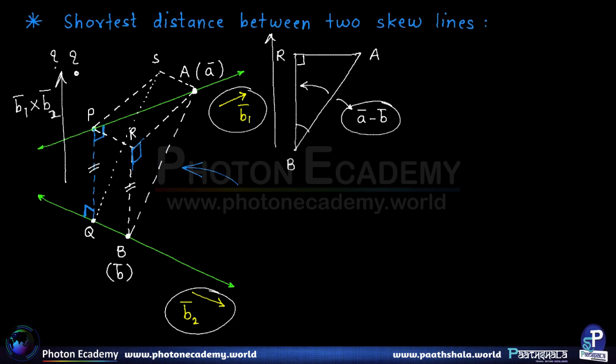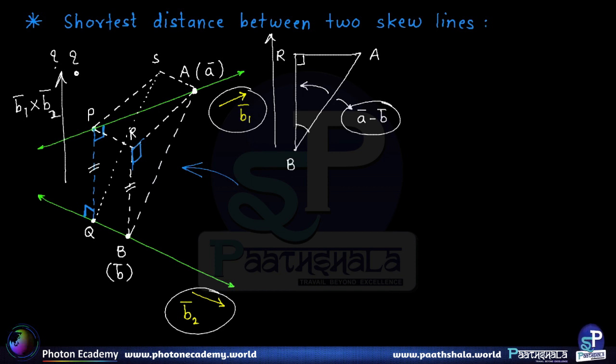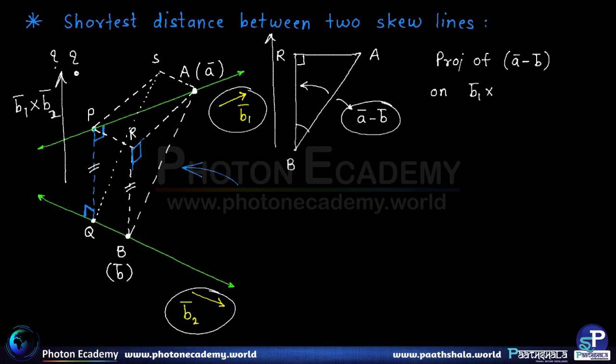So from the figure it is clear that the cross product will be perpendicular to both the lines, that means perpendicular to b1 and b2 also. Right? So that means the projection of a bar minus b bar on the vector b1 cross b2.